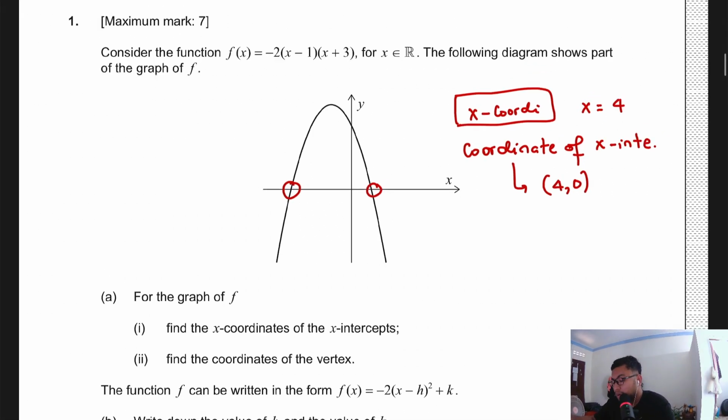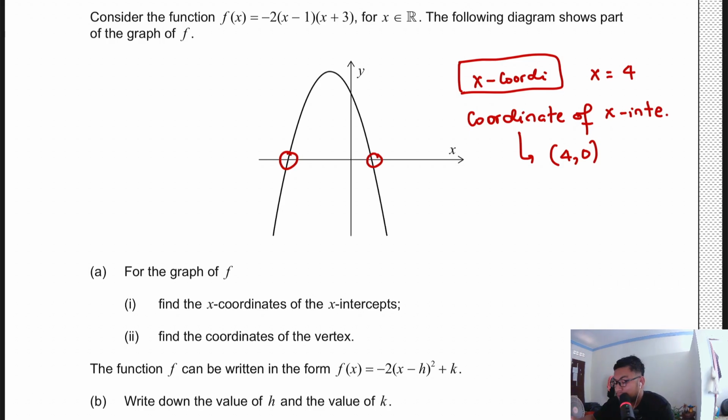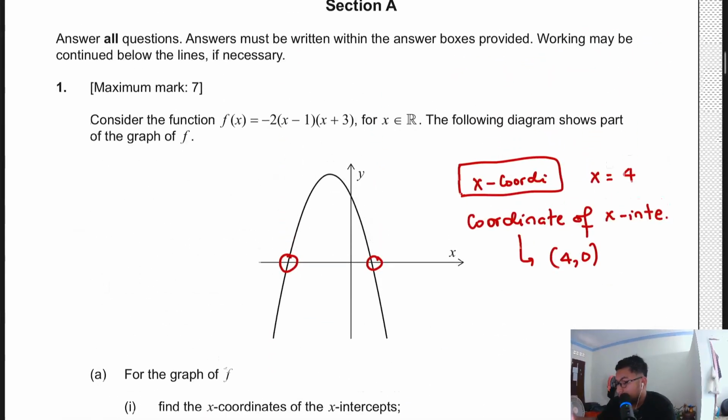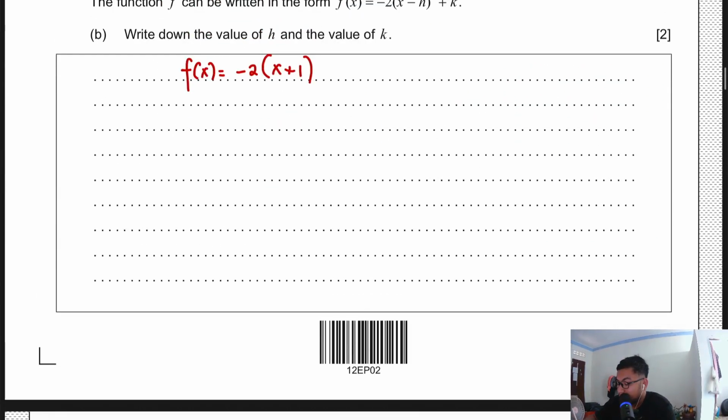Do you understand? That's the difference. So what we get now is f of x equal to negative 2, x minus 1, and x plus 3. Okay, what should we do?